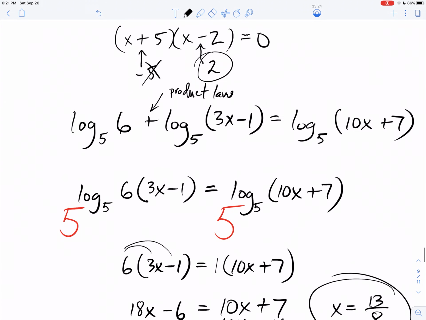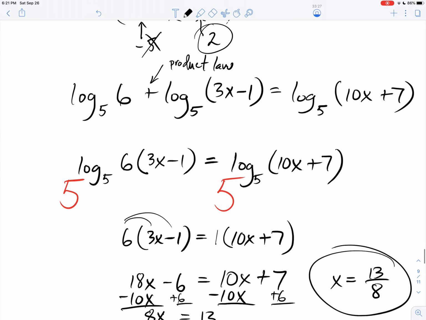Now 13/8 is not the prettiest number I've ever met in my life, but here's what we care about. If I were to plug 13/8 back into the original, 3 is a positive number. 13/8 is a positive number. If I multiply those two together, they're positive, and they're also way bigger than 1. So 3 times 13/8 minus 1, this whole side's still going to be positive. We're okay.